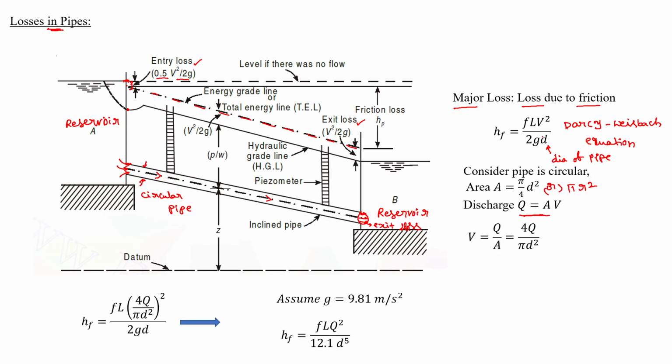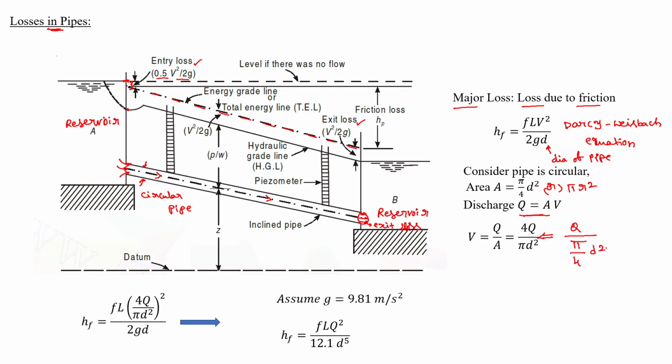Let's say I want to replace v in Darcy Weisbach equation with Q. Then we can do the following procedure. v equal to Q by A. A we know from this equation, which is pi by 4 d square, so v is 4Q by pi d square. I think you know how we got this, but maybe I can derive it one more time.